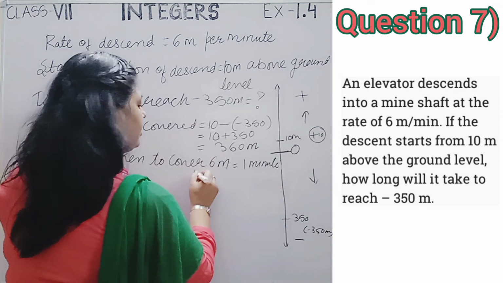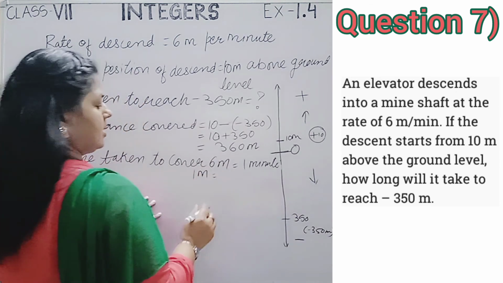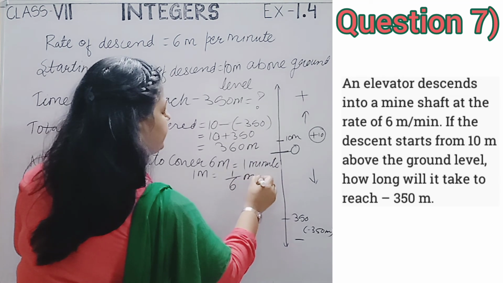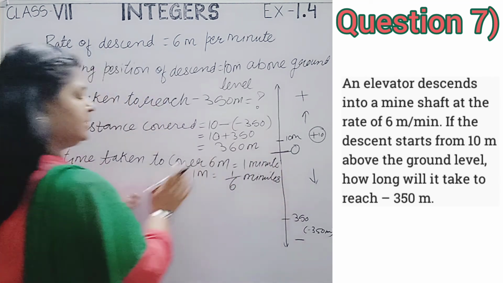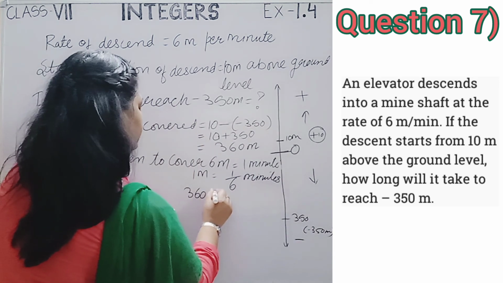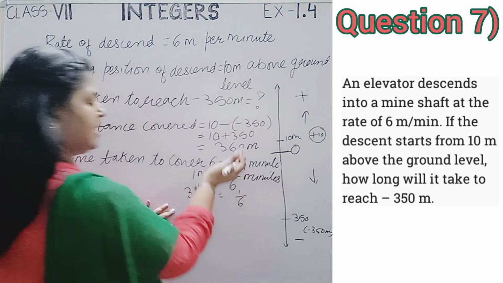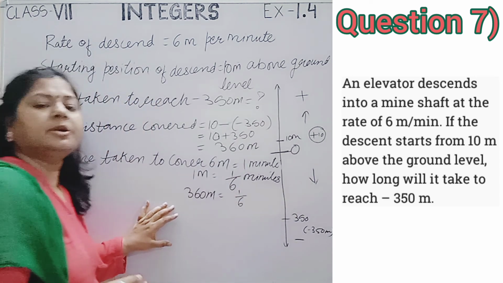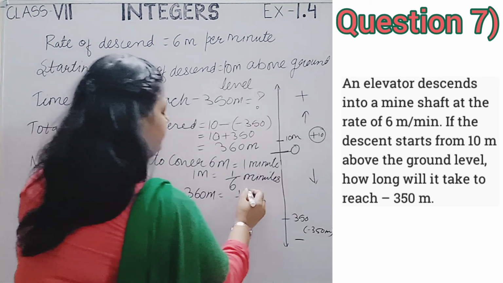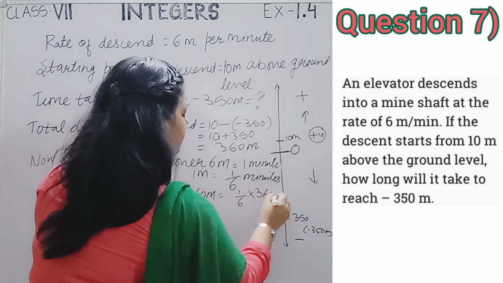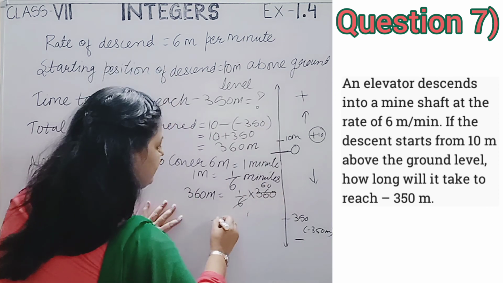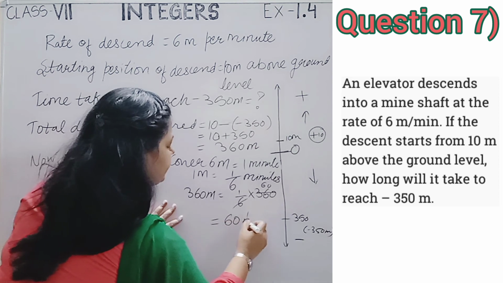So in 1 meter it takes 1/6 minutes and the total distance is 360. It means in 360 meter, 1/6, we are applying here the unitary method which you already learned in class 6. So 1/6 multiplied by 360. 6 1s are 6, 6 6s are 36 and 60. It means 60 minutes.